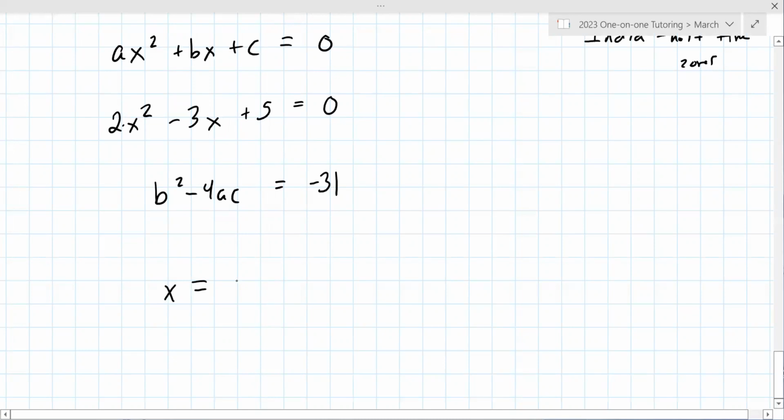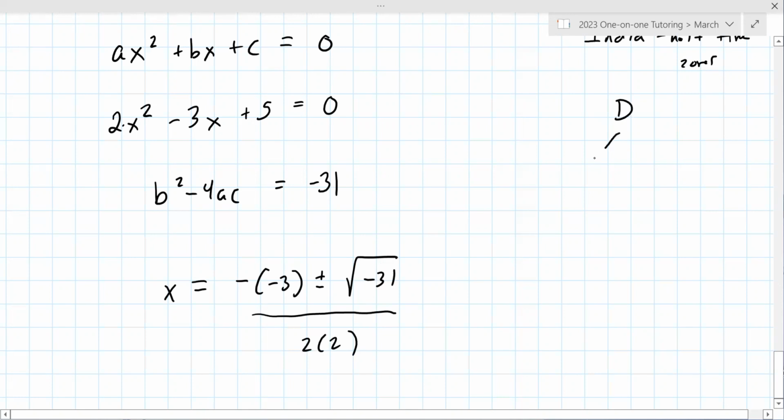So it's minus b, minus a minus 3 plus or minus the square root of minus 31 over 2 times 2. Now, if we just look at the part under the root, the discriminant, we talked about it being positive, being 0, being negative, we're over here in this case. It's the square root of negative 31.